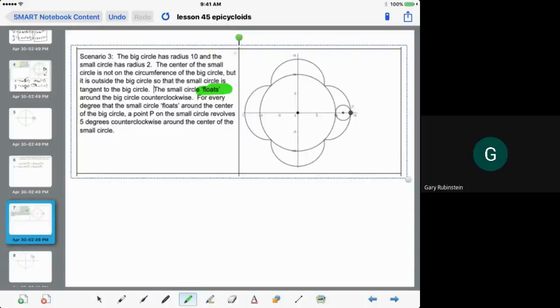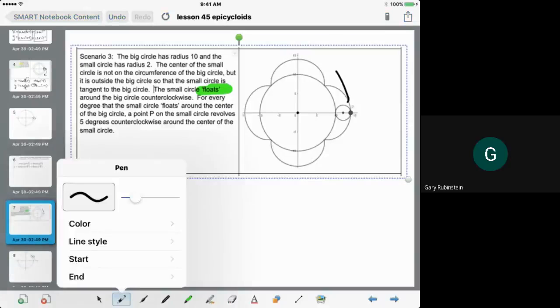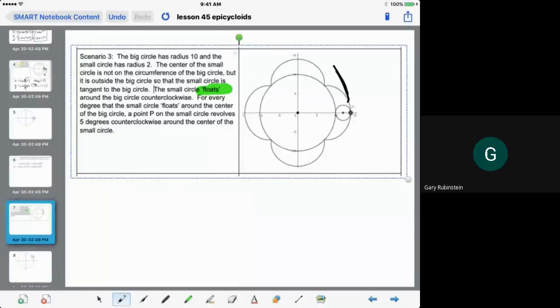In this one, I'm telling you that it is floating, and I'm telling you that it's going counterclockwise because you do have to be told. You can't tell from the picture whether it was clockwise or counterclockwise. And it's told the speed that it's revolving, 5 degrees for every 1 degree.